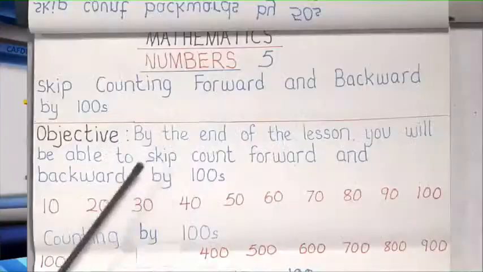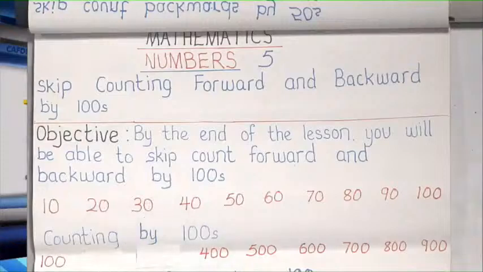So today we are looking at skip counting forward and backward by hundreds. Now, let us look at something. I have some objects on this table. Let's count them.